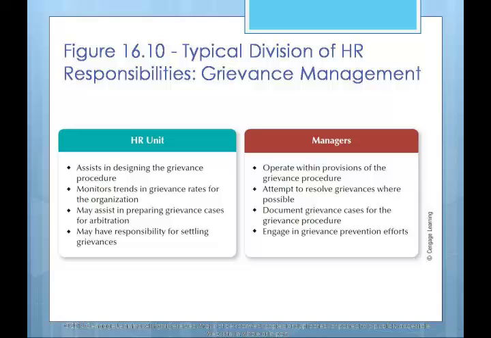Typical division of HR responsibilities in grievance management: HR assists in designing the grievance procedure, monitors it, assists in preparing the grievance cases for arbitration, and may have responsibility for settling the grievances. Managers operate within the provisions of the grievance procedure, attempt to resolve the grievances, document the grievances, and engage in grievance prevention.